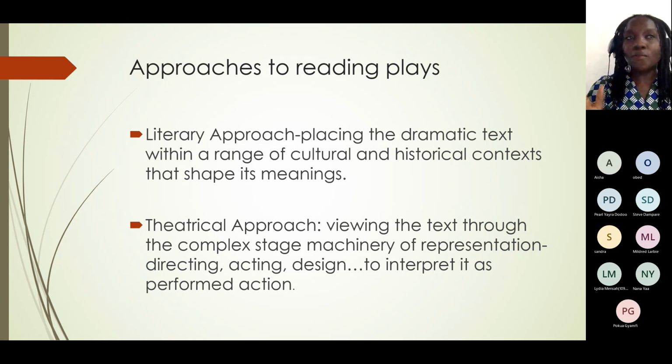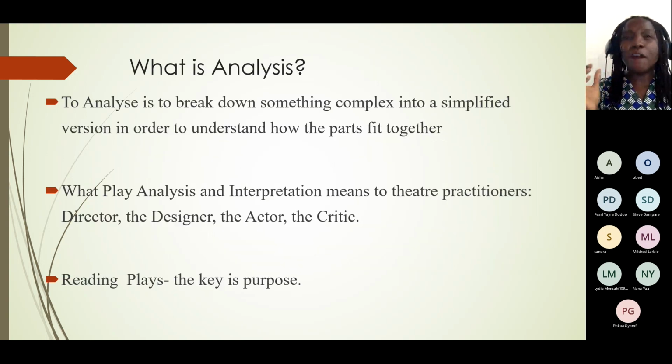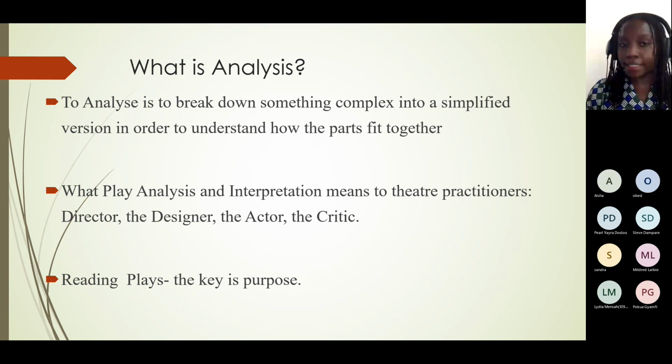But when you look at it from the theatrical lens, you want to be able to interpret it by using the mechanics of staging, that is through directing, acting, and design and everything, in order to put out a representation of that text on stage. Now, these two approaches actually give rise to the ways in which people read texts.